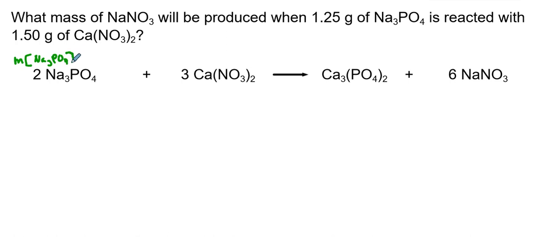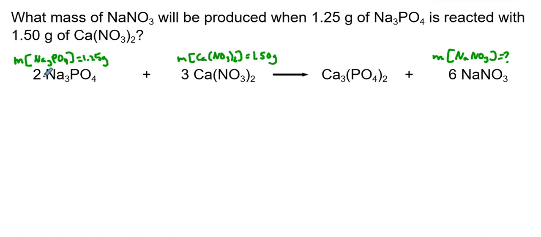But I know the mass of this, and that's the 1.25 grams. Here we have the mass of the calcium nitrate, and it is 1.50 grams. This is the mass we don't know over here that we're going to eventually try to figure out, the mass here of the sodium nitrate. And so I like to write that with a question mark.